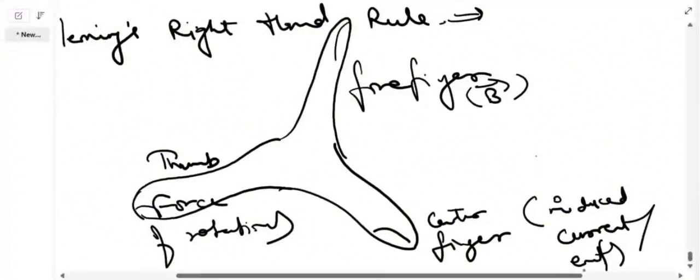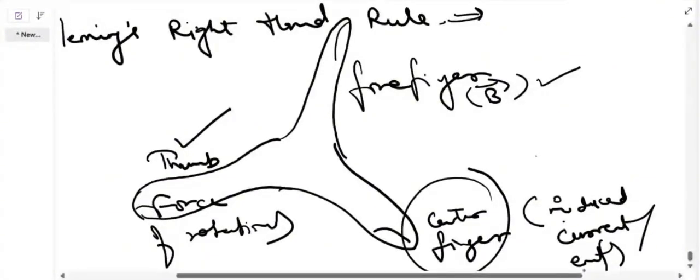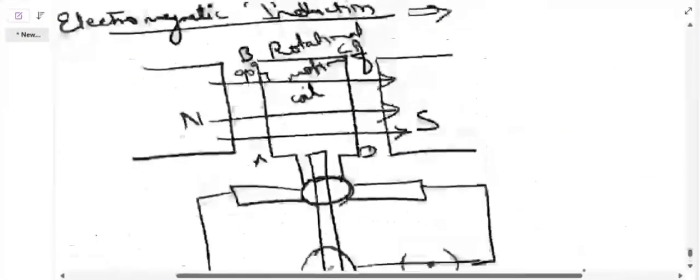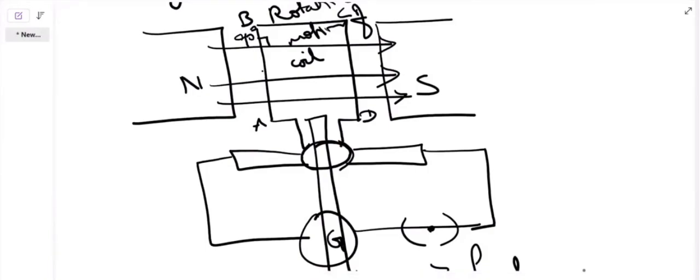That if you are supplying the magnetic field at 90 degrees to the force of rotation, in the third direction you will get induced current. Understood? Yes. So as the circuit is closed, induced current is developed. And if the circuit is open, you will get induced EMF, because EMF is the voltage only but in the open circuit. Okay. Any doubts? No, ma'am.